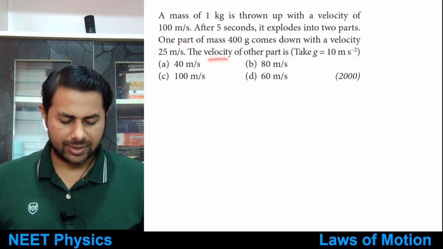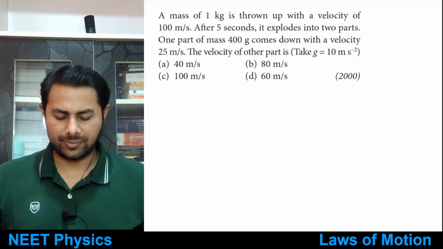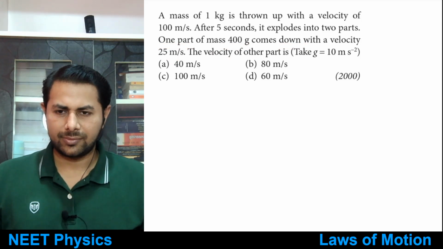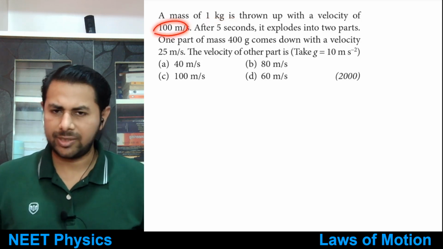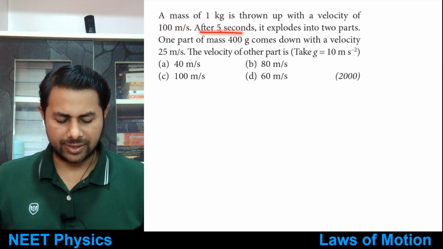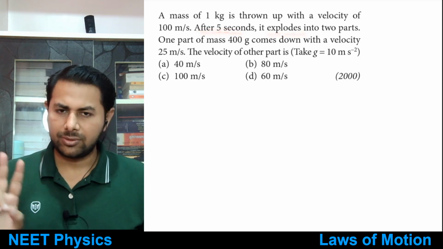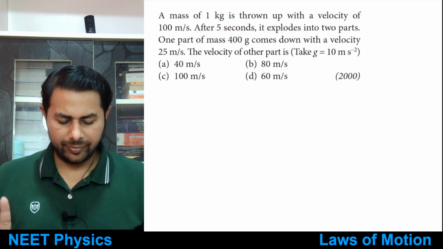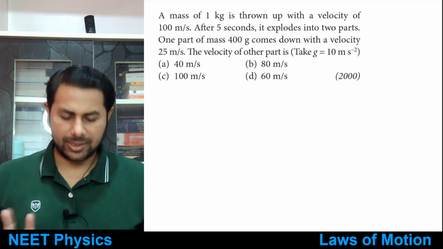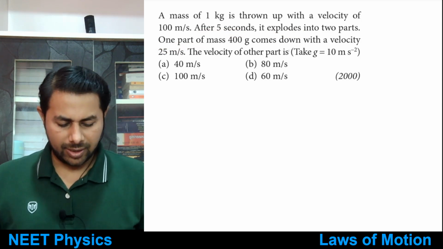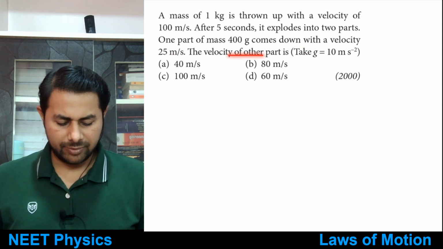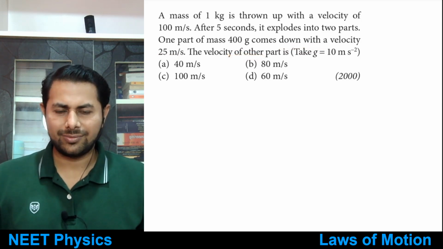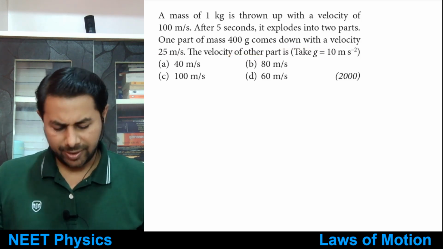The velocity of the other part is, tell me. So again, this problem is also simple.